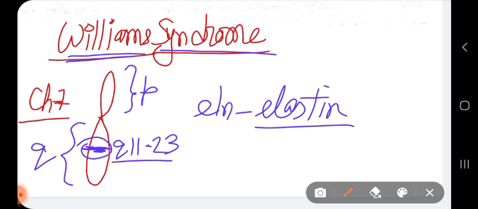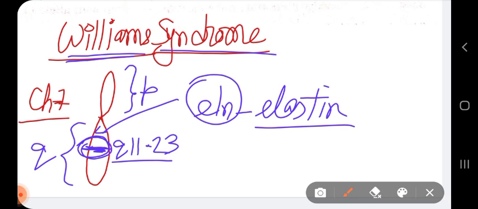This protein is needed for maintenance of the connective tissue in your cardiovascular system. If this ELN gene gets deleted, because this region Q11.23 has this gene, it will lead to abnormality in the connective tissue in your cardiovascular system, and there will be problems.